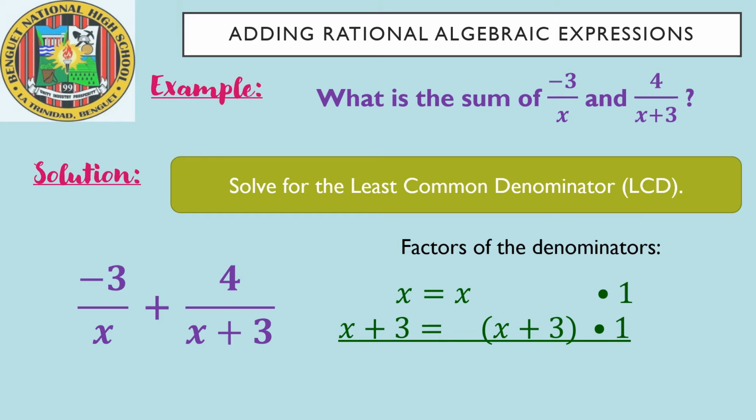Take note that x is a term, not a factor, in x plus 3. To get the LCD, we copy any common factors as well as those which are not common. So in our solution, we copy x and x plus 3. This means that the LCD for our expressions is x times x plus 3.